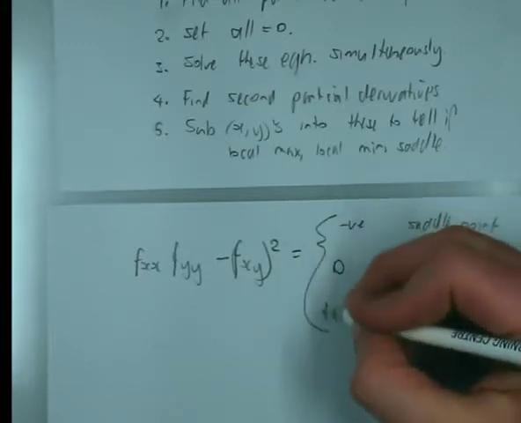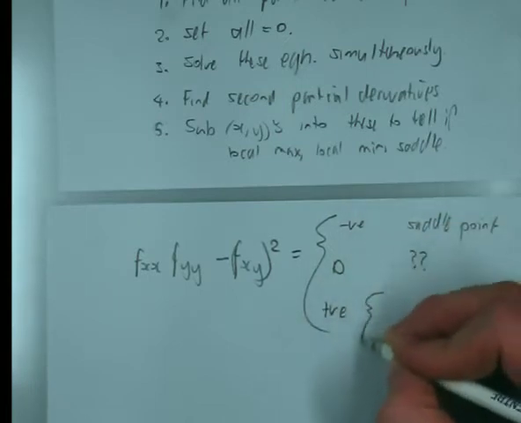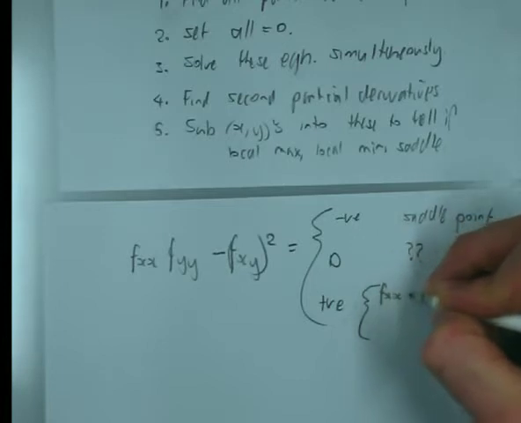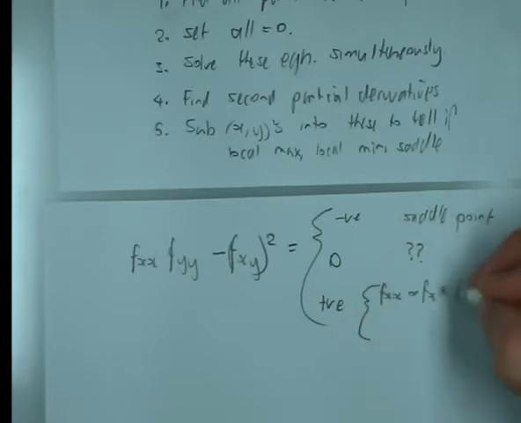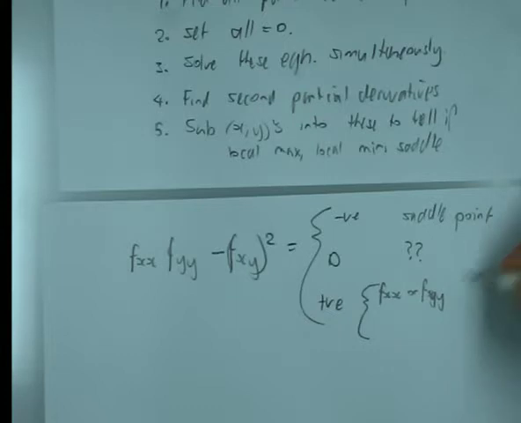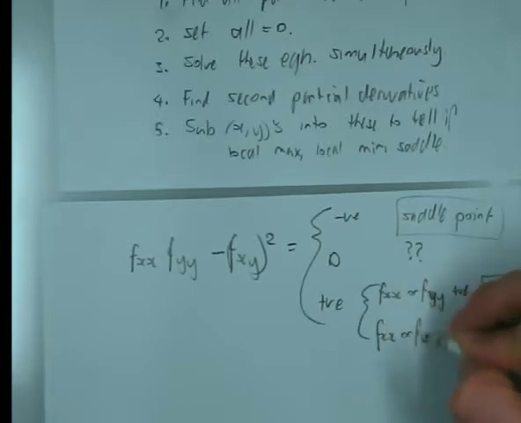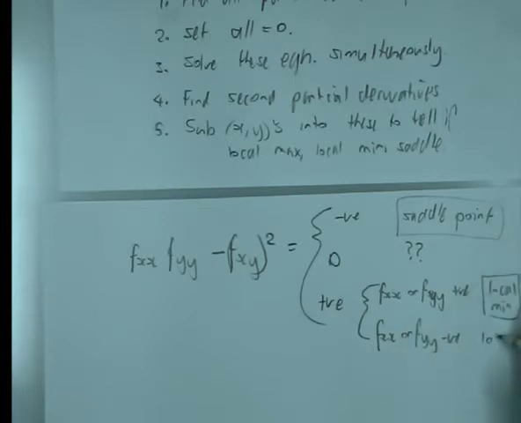And if this comes out to be positive, there's still 2 more things to figure out. If either one of fxx or fyy is positive, then it'll be a local minimum, like fyy positive gives you a local min, and if fxx or fyy is negative, it'll be a local max.